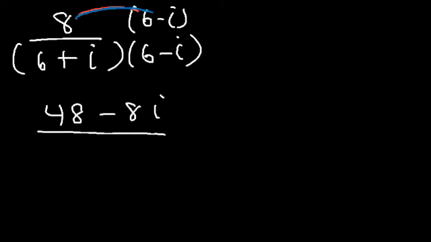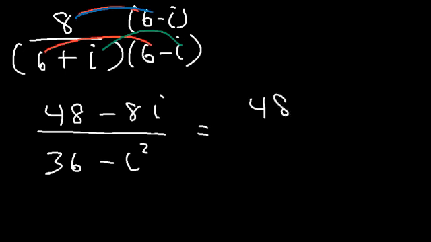On the bottom we need to FOIL, but since they're conjugates, we could just multiply the first two. 6 times 6 is 36, and the last two, i times negative i, which is negative i squared.